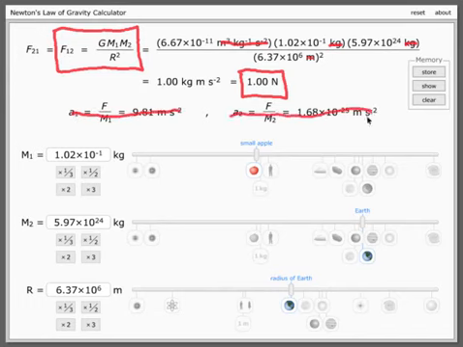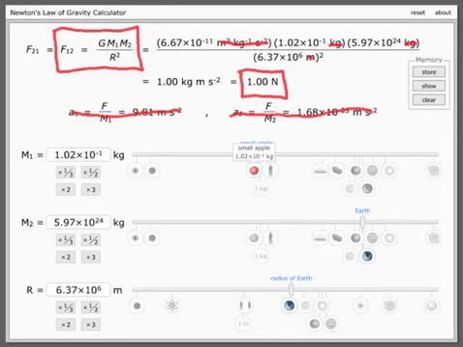Now, why I think this is a handy calculator is because it has a bunch of different masses pre-programmed into it. The default here is the force of gravity on a 0.1 kilogram apple.